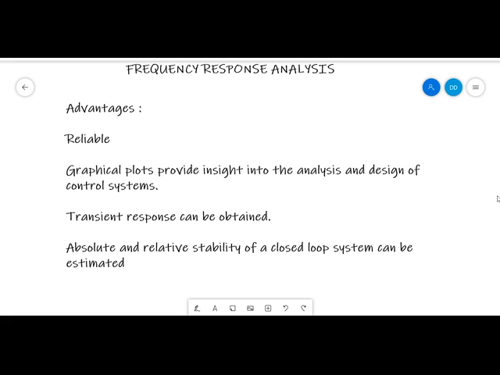Second thing is regarding graphical plots. So we have seen that G of j omega can be expressed in terms of its magnitude and phase angle.